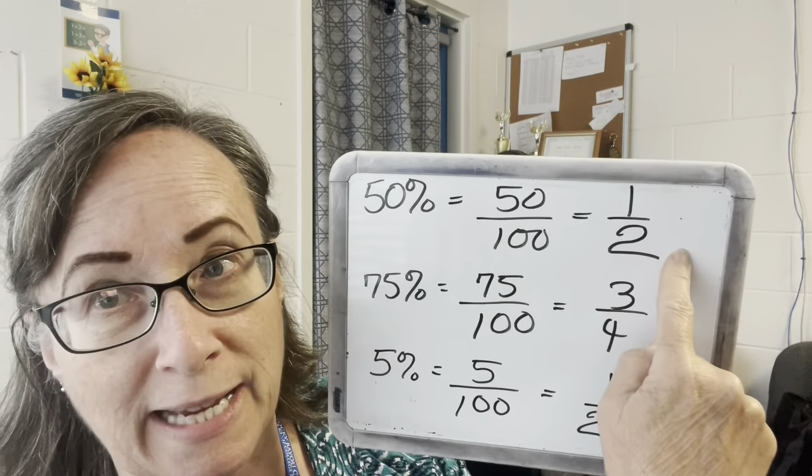Let's do example 1. Write as a simplified fraction. 1% is already simplified when we write it as a fraction, 1 over 100. There's no way to simplify that at all.